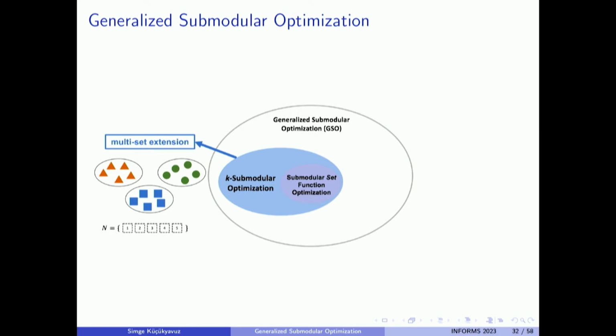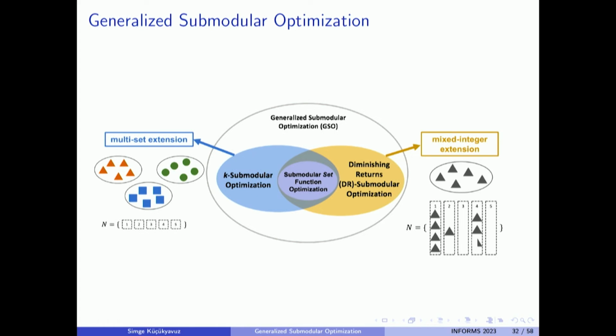When you think about selecting K subsets from a ground set N, that's known as K-submodular optimization. So that's the multi-set extension of submodularity. And the mixed integer extension that we've looked at, and there are some others as well, is known as diminishing return submodular optimization. This is the part I'll skip in my talk, but it's available in our tutorial paper as well as an accompanying full version paper.